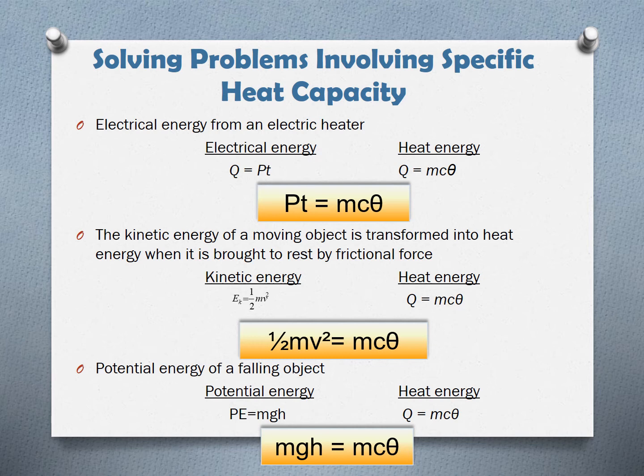Then we will get half mv squared equals mc theta. And regarding the potential energy of a falling object, potential energy PE equals mgh and heat energy is Q equals mc theta, then we will get mgh equals mc theta.